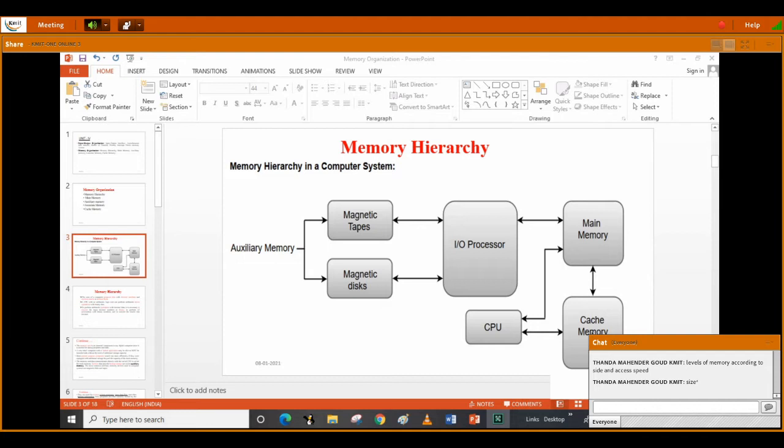But the size of cache memory is very small. Cache memory is mainly used to store frequently used instructions. For example, let us use a for loop: I is equal to 0, I is less than 100, and we are taking I plus plus.